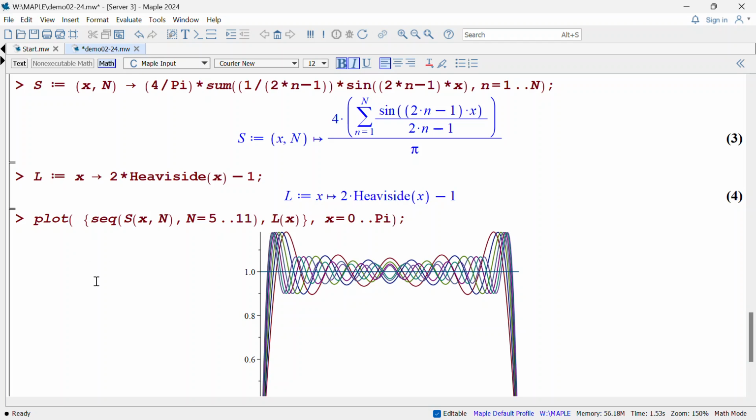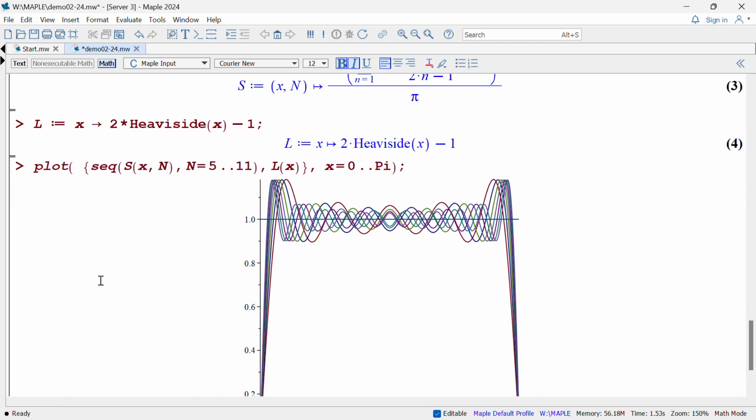And notice the Gibbs phenomenon jumps get pushed farther and farther out to the edges. And if I took even more, you'd see that it got squeezed in there even more. And it's fun putting all these partial sums from the first 5 terms to the first 11 terms. You kind of see a secondary Gibbs phenomenon.